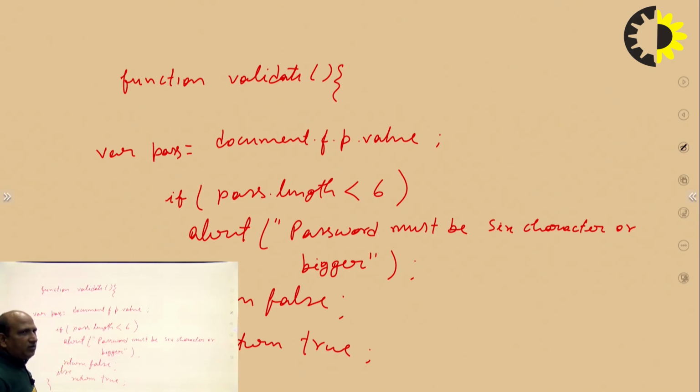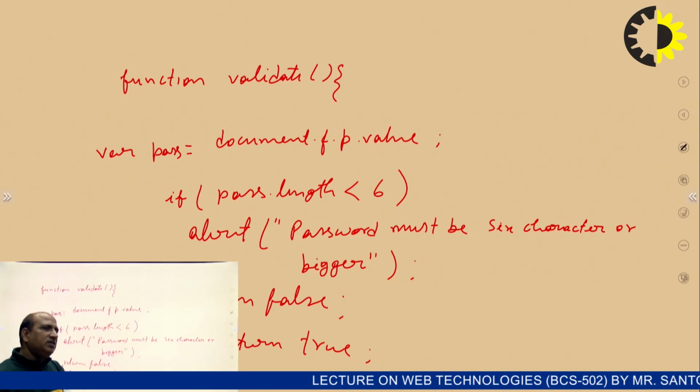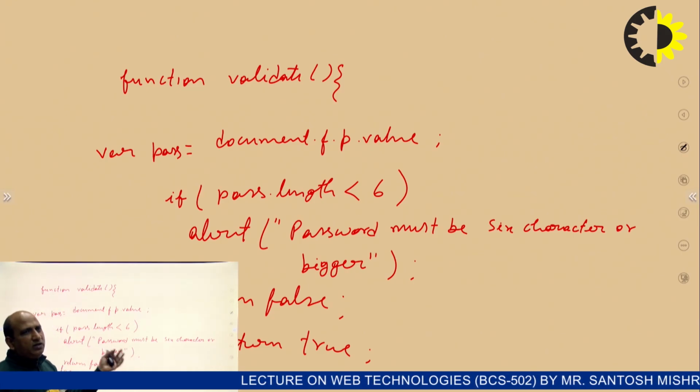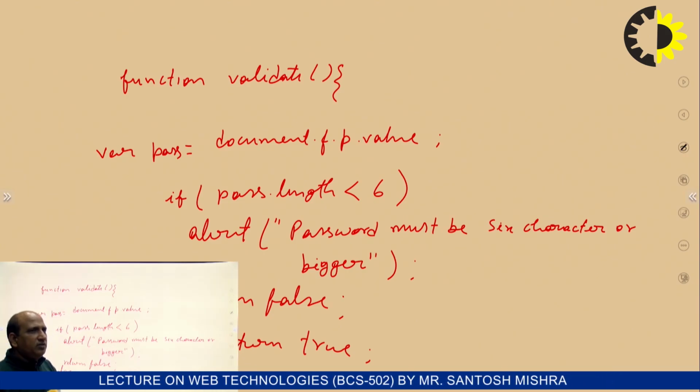Okay. Now you want to check if you are entering a password and then entering a repassword. Generally we have seen that whenever the form is filled, the password is re-entered by the user, and you want to check if the password entered and repassword entered are same, then we should go ahead, otherwise it should go back to the first field where password and repassword need to be re-entered.